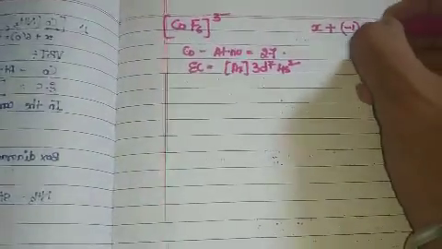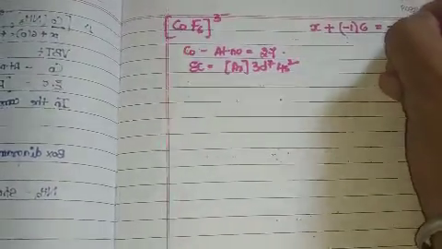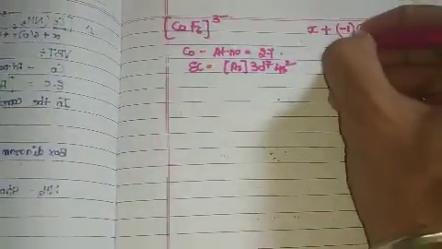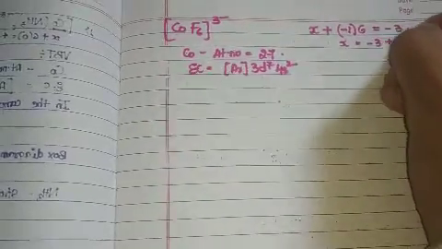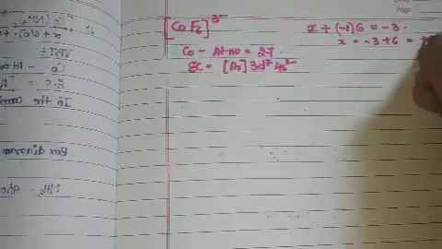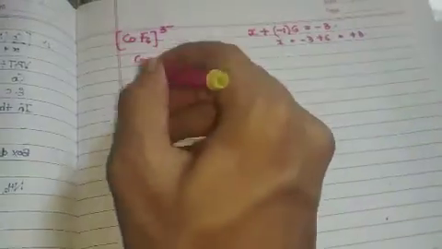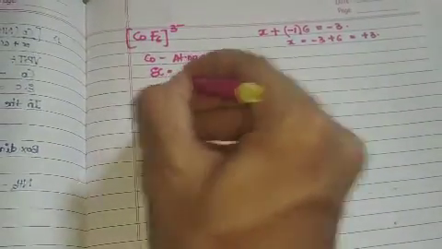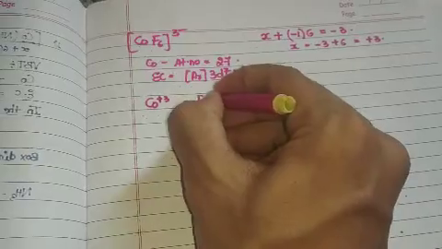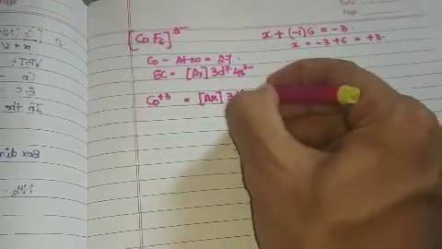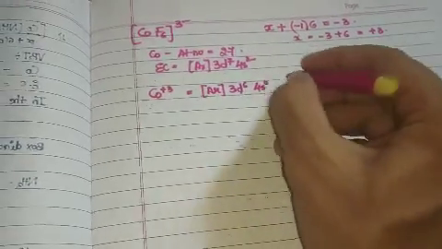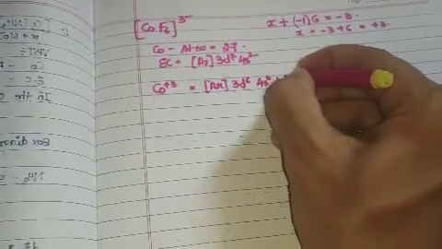So -1 into 6 overall is equal to -3. So X is equal to -3 plus 6, that is equal to +3. So cobalt +3 means it will be having the argon 3d6 4s0 and that of your 4p0.